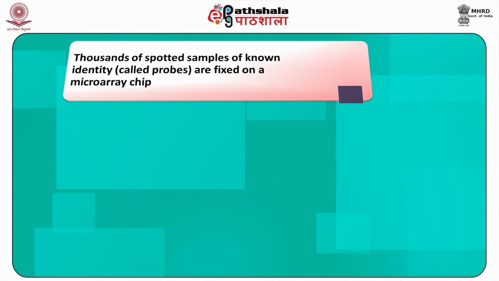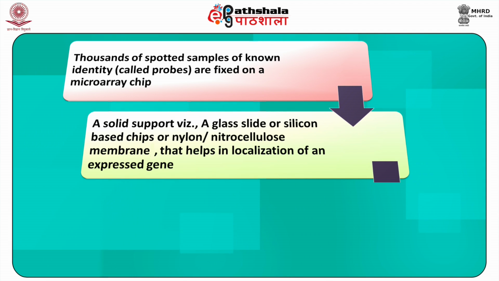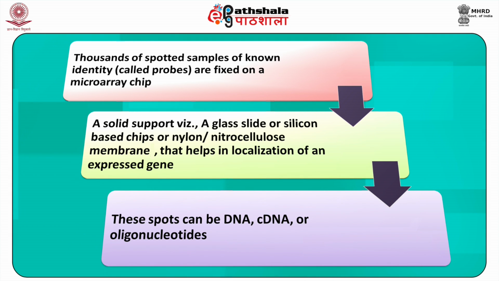Thousands of spotted samples of known identity called probes are fixed on a microarray chip, which is a solid support, for example, a glass slide or silicon based chips or nylon or nitrocellulose membrane that helps in localization of an expressed gene. These spots can be DNA, cDNA or oligonucleotides.